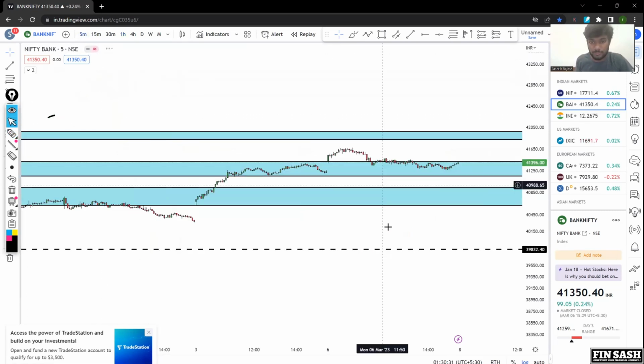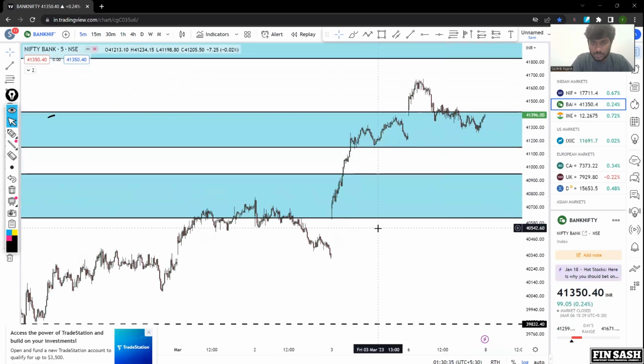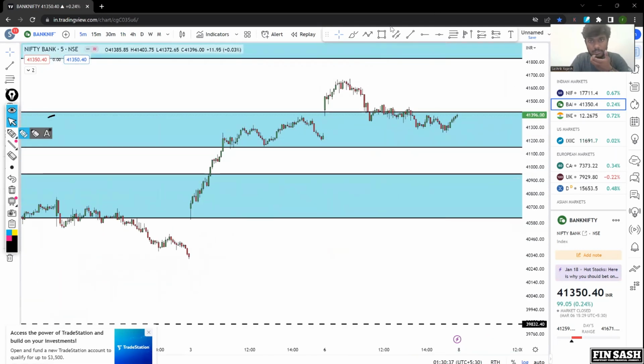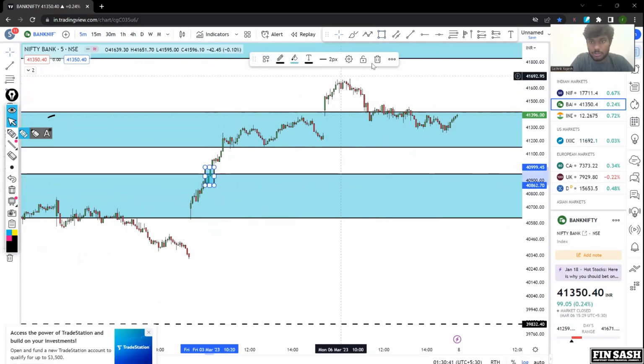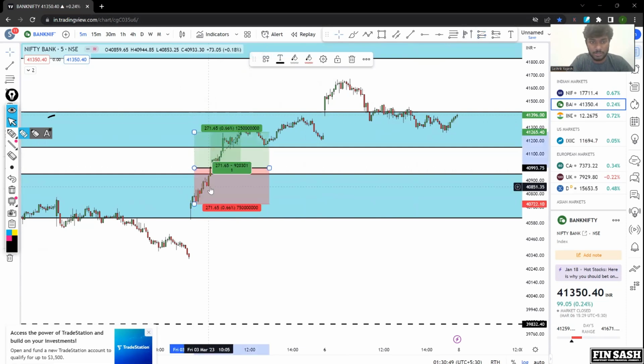Now let's go to the 5 minutes time frame. If you see a green candle here, like you can see here, what does this show? This level is acting good for the buyers. So you take a trade here quickly, and this could be a target, and it literally hit.